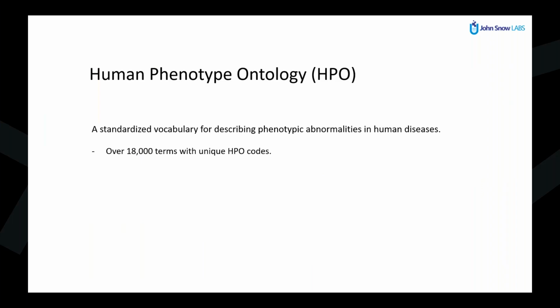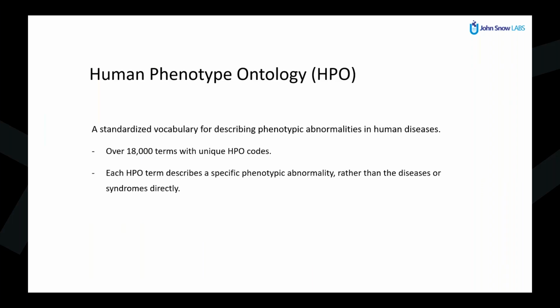There are around 18,000 terms right now, and probably increasing. Each HPO term defines a specific phenotype problem, not the disease or syndromes. I'm going to show you a table or data frame, and you're going to see the difference between them. There is a hierarchy, and we are interested in the parent terms. I mean, we take a phenotype and get the HPO number. We are also interested in the synonyms and the parents.